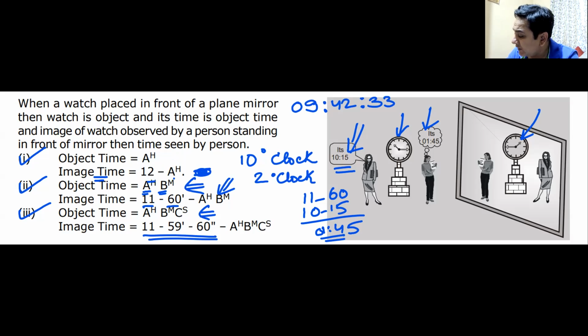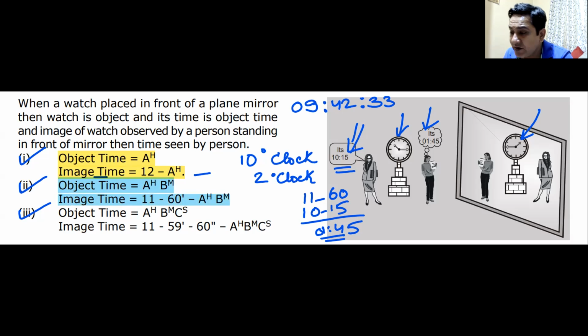Which formula? I will again take out everything and just highlight the formula that you will have to write. If the object time is only in hours, the image time will be 12 minus hours. The red one, the blue one, the yellow one. If the object time is in hours and minutes, the image time will be 11:60 minus that time.